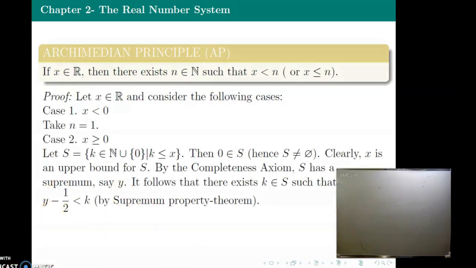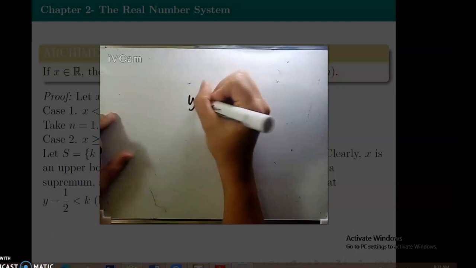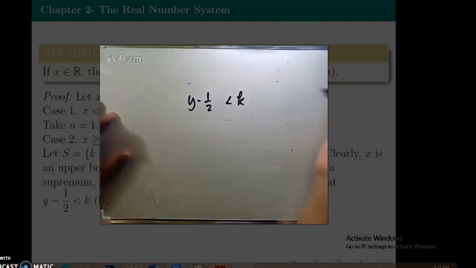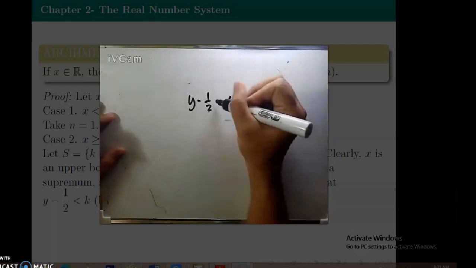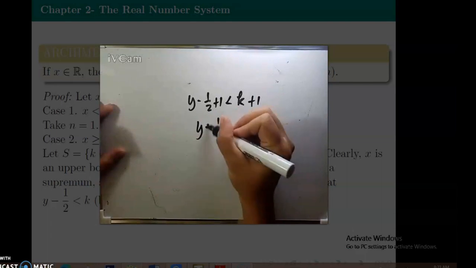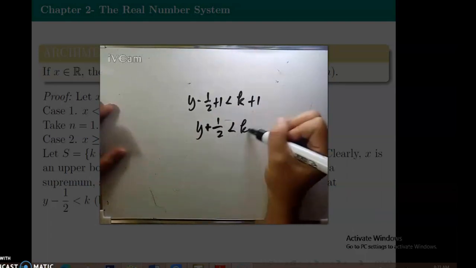Okay, from this one, we have Y minus 1/2 is less than K. So we just add 1 to both sides. We could have Y plus 1/2 is less than K plus 1.